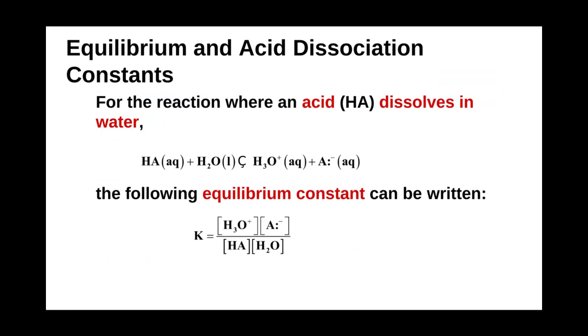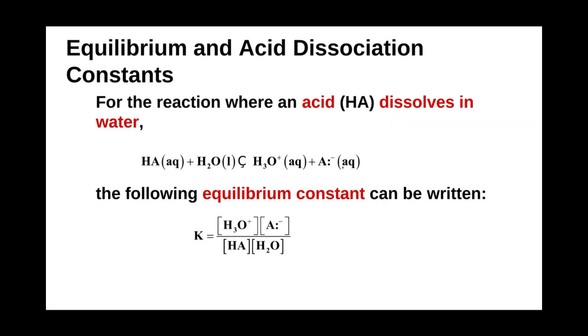Okay, so this brings us back to our friend K. Now, we talked about K last class. Our K, as you'll recall, is our equilibrium constant. Now, we're going to apply an equilibrium constant to our acids and our bases. So for the reaction where an acid, HA, dissolves in water, we have our acid, our base, our conjugate acid, and our conjugate base.